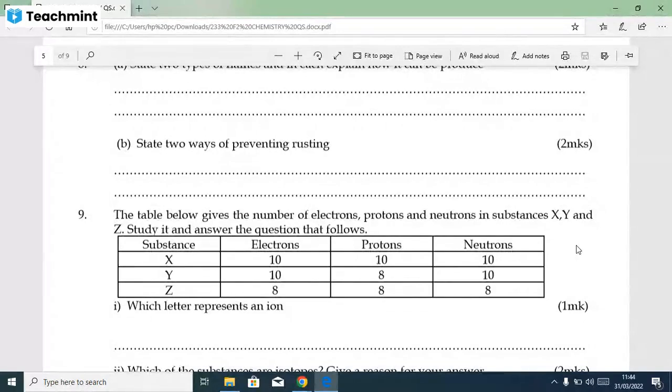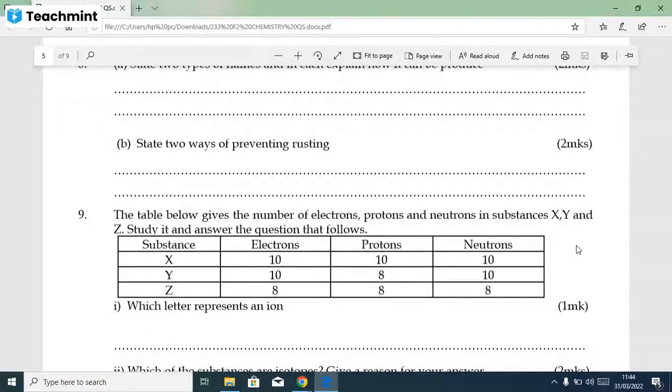Ingine ni gani? We have alloying, whereby you take iron and mix it with another metal in a certain ratio. We call it alloying.